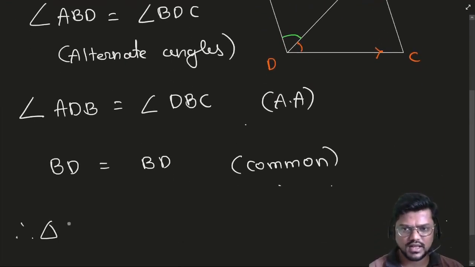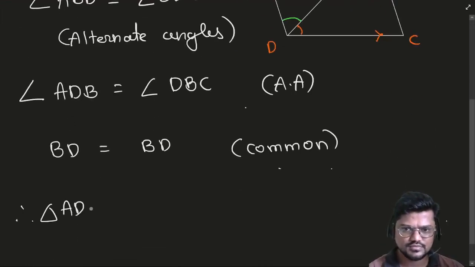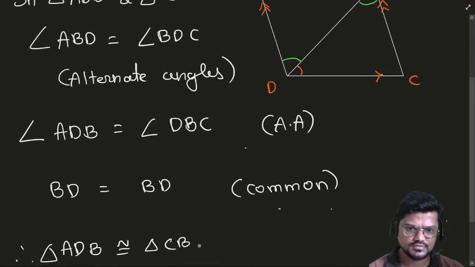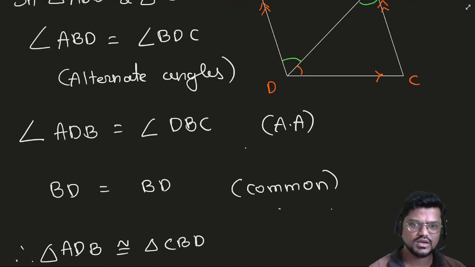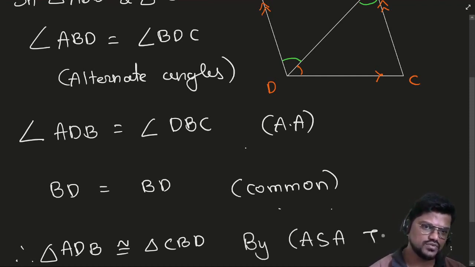Therefore, triangle ADB is congruent to triangle CBD. The two triangles are congruent by which test? ASA test. By ASA test of congruency.